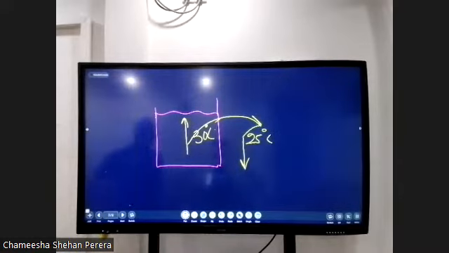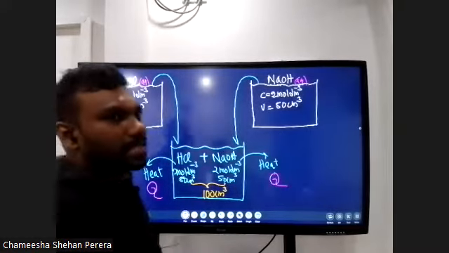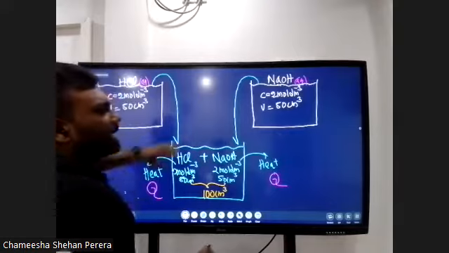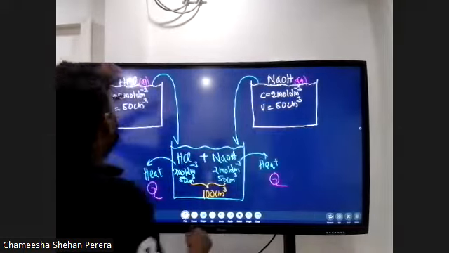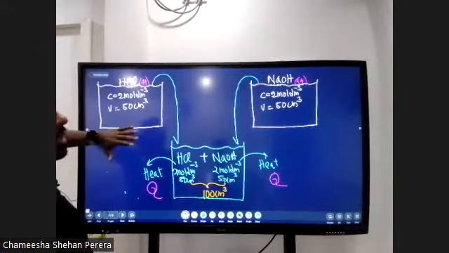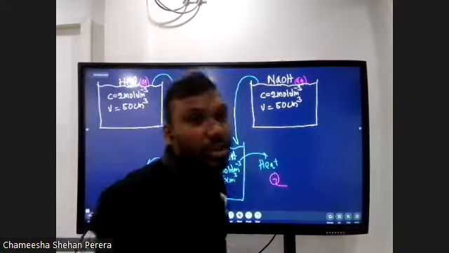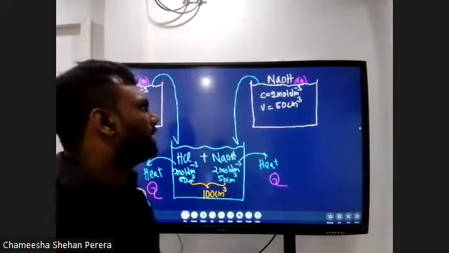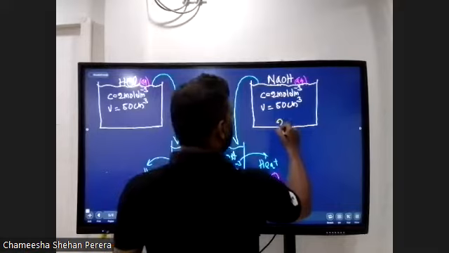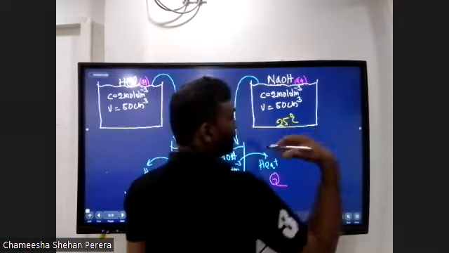Now the simple thing is, when the reaction is happening, let's just imagine the sodium hydroxide is not yet reacted, and HCl is not yet reacted. So they are at the initial temperature levels. Let's imagine they have the room temperature, which is 25 degrees Celsius. I'm just imagining.